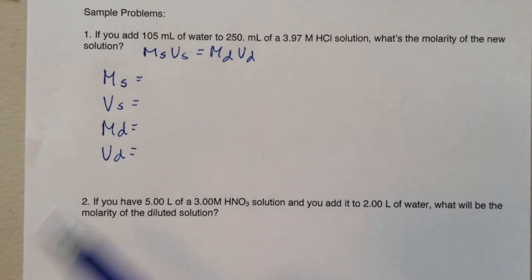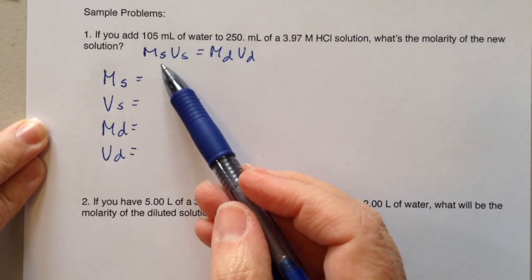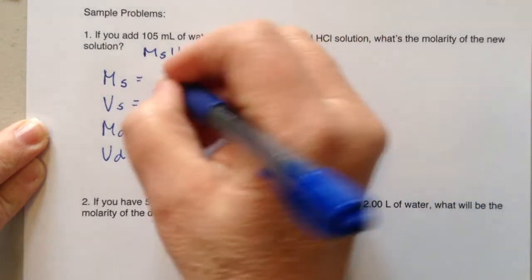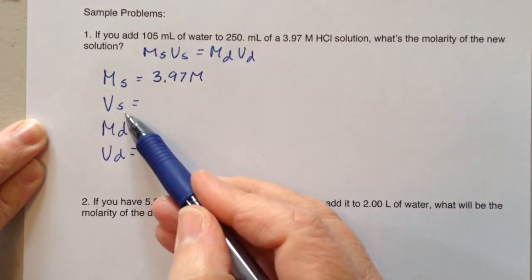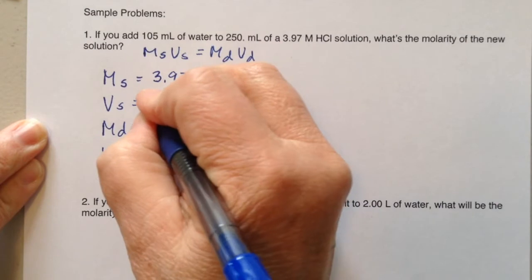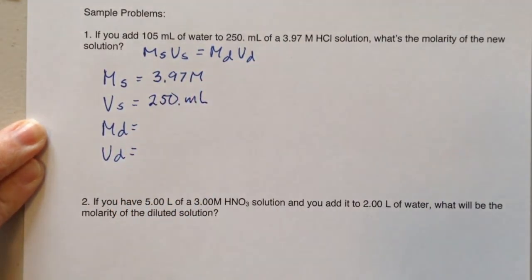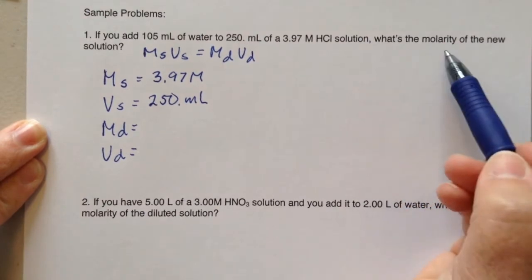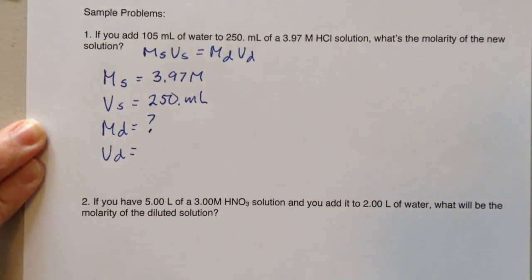So we look at this and we say the molarity of the stock was 3.97 molar. The volume of the stock was 250 milliliters. I don't have to change it to liters. Says, what's the molarity, so this is what we're looking for, of the new solution.